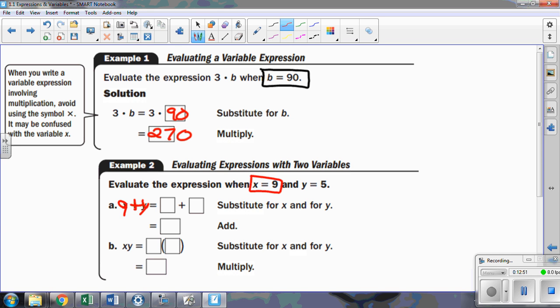We can replace the y, because y is equal to 5. We'll just replace the y with a 5. And we can see exactly what is going into our boxes for our notes. X plus y is the same thing as 9 plus 5. So put them together now. What's 9 plus 5? We've got 14. We're done.